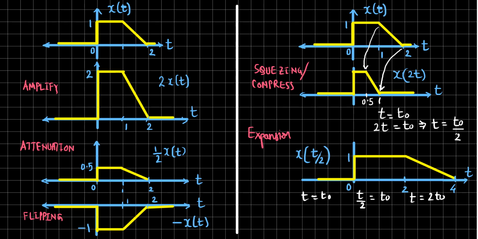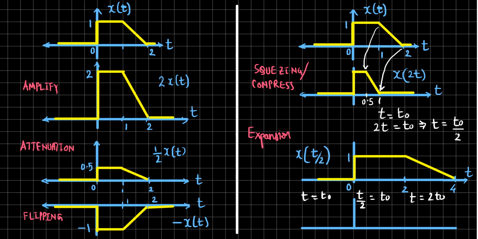The last operation that we would like to see here is the flipping operation. Now we are trying to flip this signal. Unlike in the previous case, we are trying to flip this signal along the horizontal axis. That means we are trying to keep a mirror here. So this will simply flip from right to left.